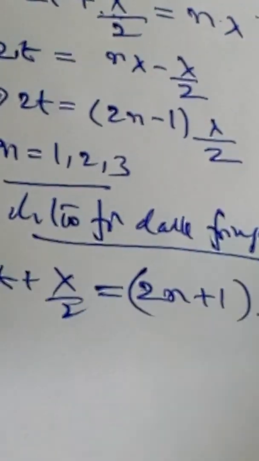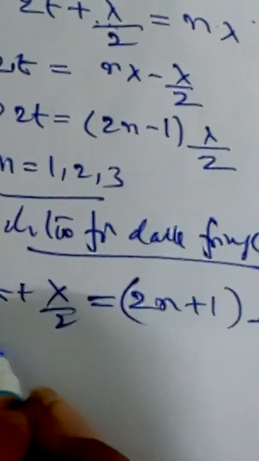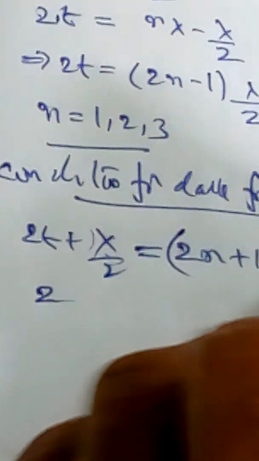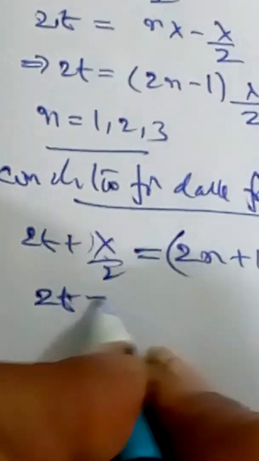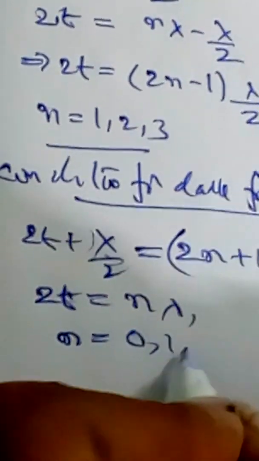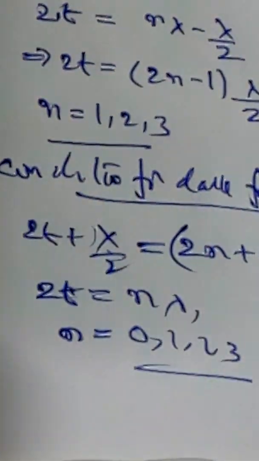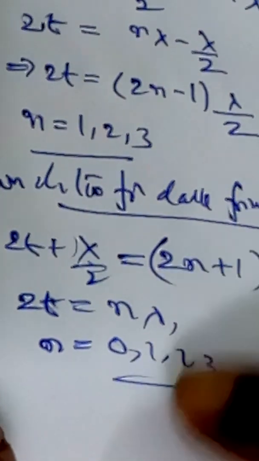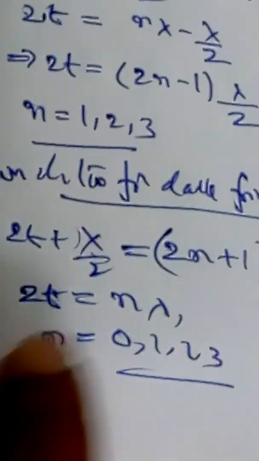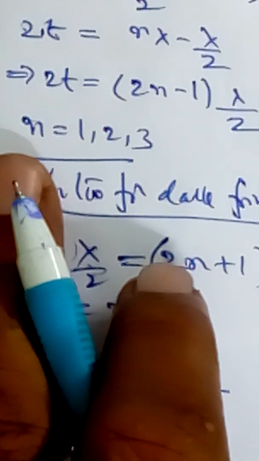Now if you simplify this, by sending lambda by 2 to this side and then taking LCM and simplifying, you will have 2t is equal to n lambda. Here n is equal to 0, 1, 2, 3. Remember, in the case of dark fringe, you will have n equal to 0 also coming. In the case of bright fringe, you will only have n starting from 1 only.